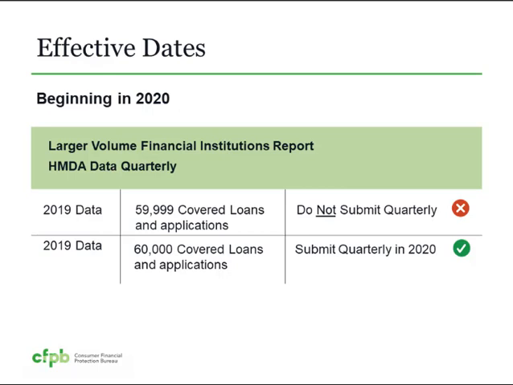For example, a financial institution that reported 59,999 covered loans and applications for their 2019 data will not be required to submit quarterly data in 2020. However, a financial institution that reported 60,000 covered loans and applications for their 2019 data will be required to submit quarterly data in 2020. The first quarter data will be due by May 30th, 2020.